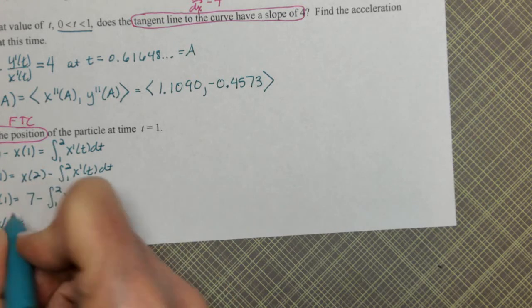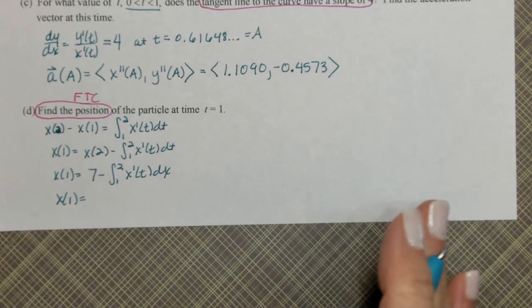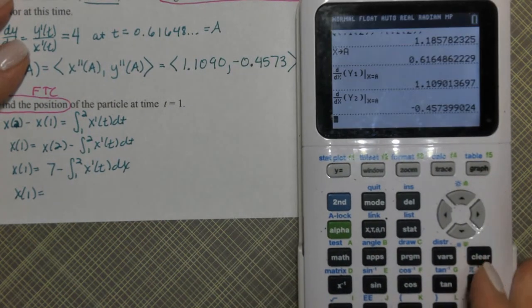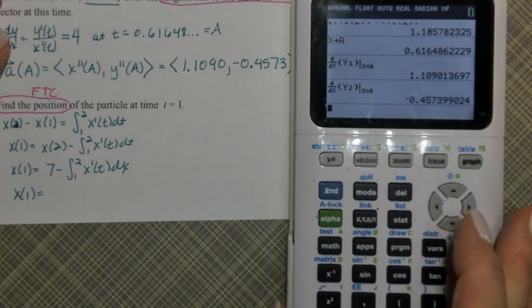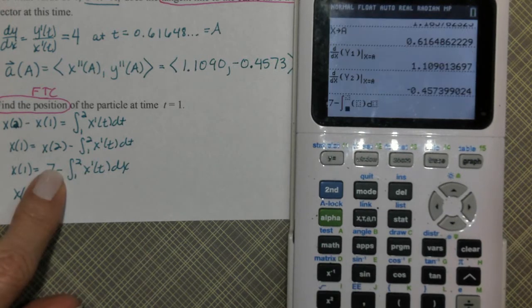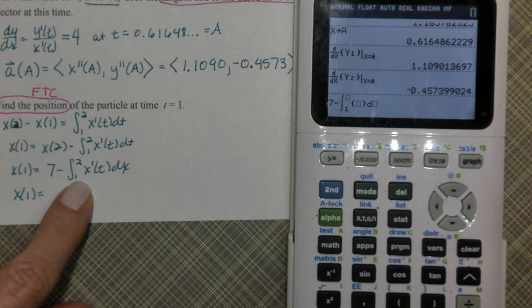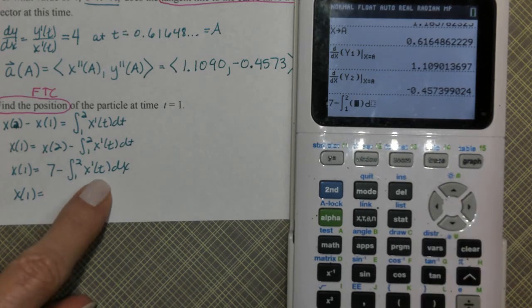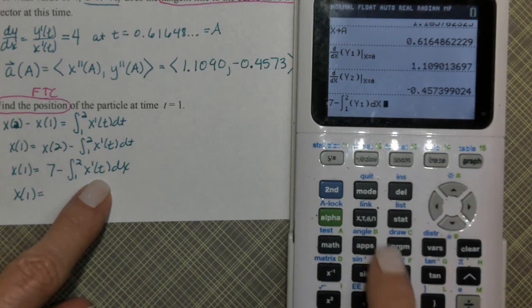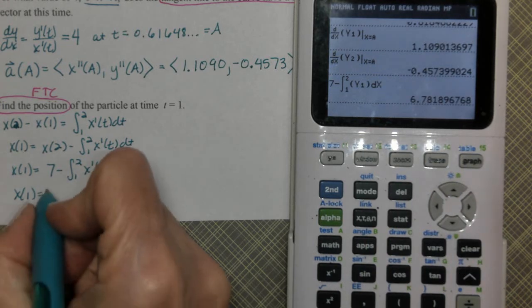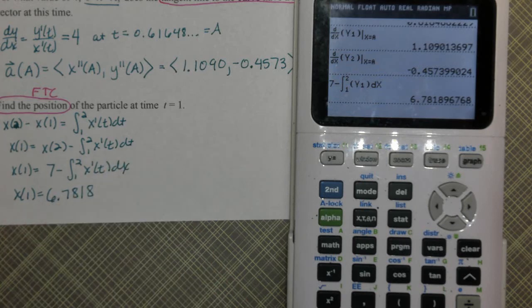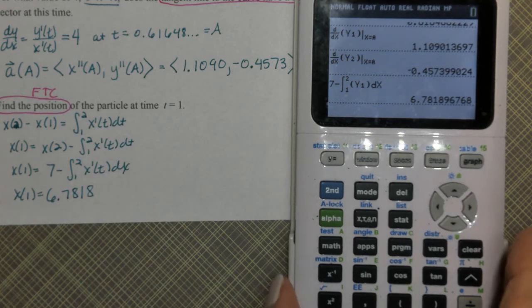So x at 1 will be, so I'm putting this in my calculator, 7 minus the integral 1 to 2 of x prime, which is stored into our y1, and that will be 6.781, at least 3 places after the decimal point.